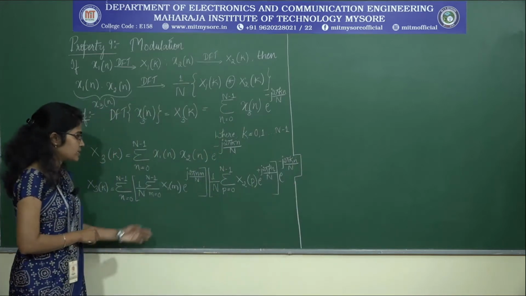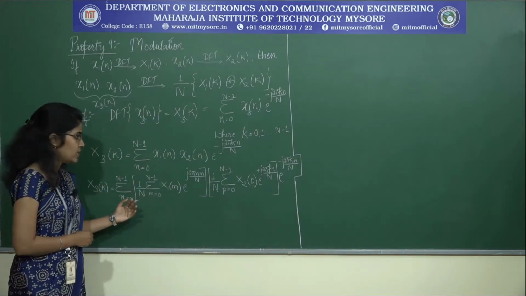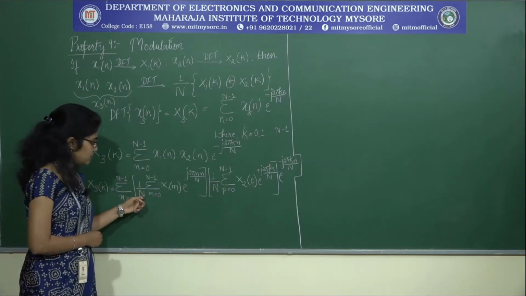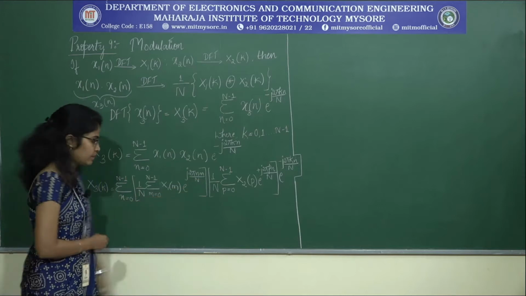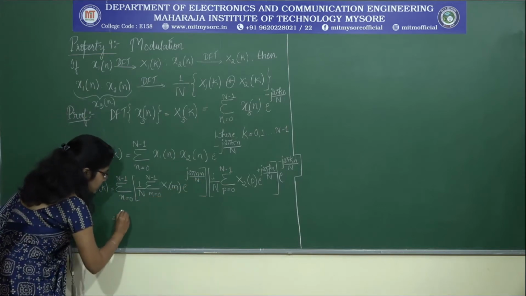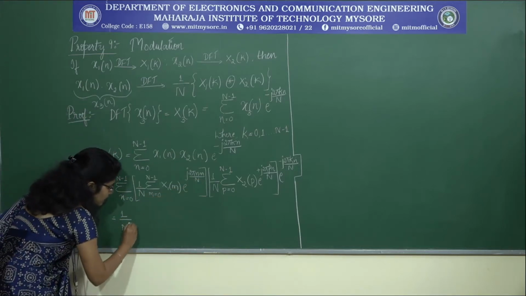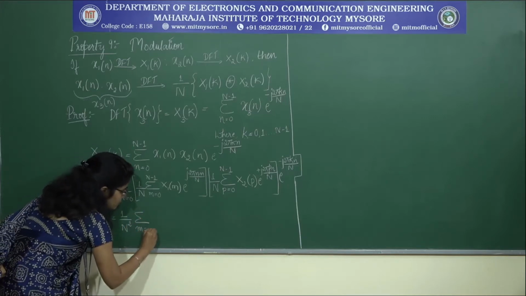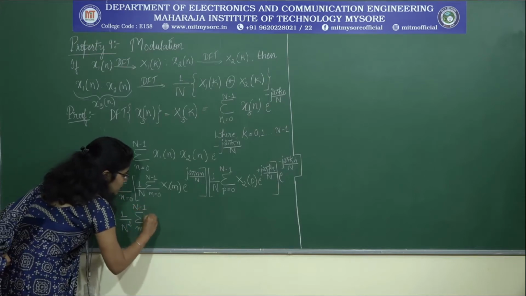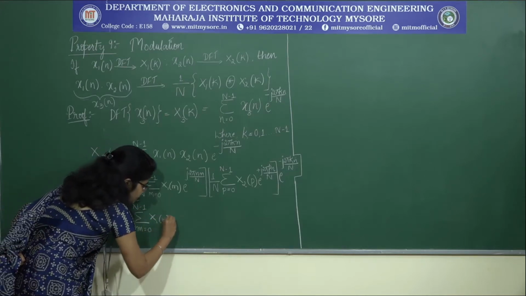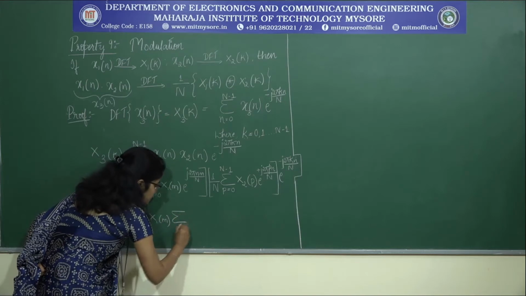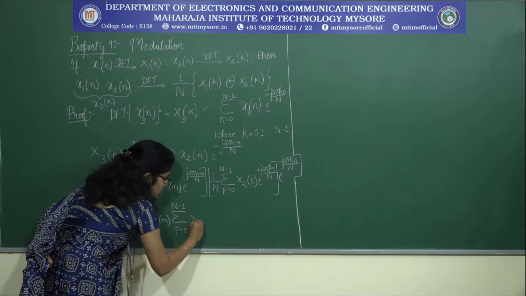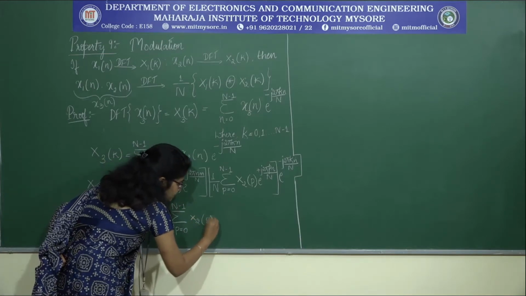Now let us rearrange the summation and rewrite the exponential terms aside, and I can multiply the 1 by N and 1 by N. So rewriting this equation, I can write it as 1 by N square into summation m varies from 0 to N minus 1, X1 of m into summation p ranges from 0 to N minus 1, X2 of p.